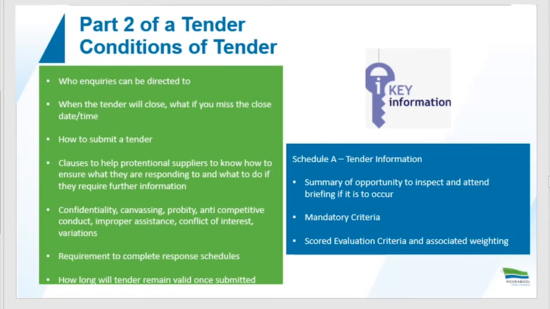It addresses all of the confidentiality, canvassing, probity, anti-competitive conduct, improper assistance, conflict of interest or variation requirements. And it also outlines your requirement to complete each tender response schedule, which is quite critical in us progressing forward and considering your submission. And it also outlines how long the tender will remain valid once you make that submission.